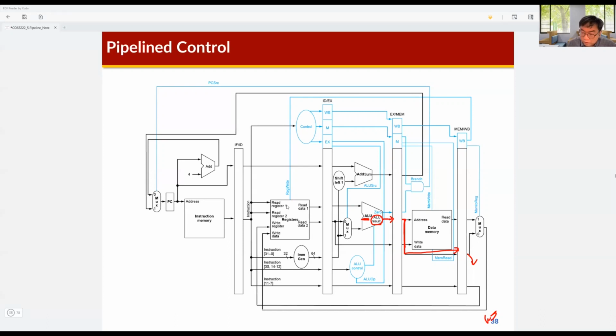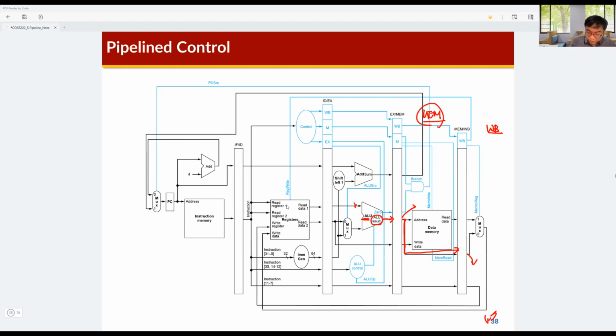So we can find the result of the ALU in this memory stage, and also in the write back stage. So this result can be forwarded to one of the inputs of the ALU. Okay, this is the forwarding path.